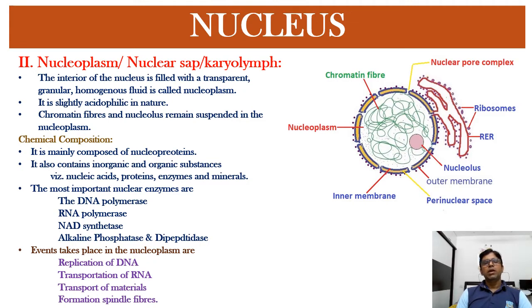The most important enzymes present are DNA polymerase, RNA polymerase, NAD synthetase, alkaline phosphatase, and dipeptidase. Events taking place in the nucleoplasm are replication of DNA, transportation of RNA, transportation of materials, and formation of spindle fibers. Okay.